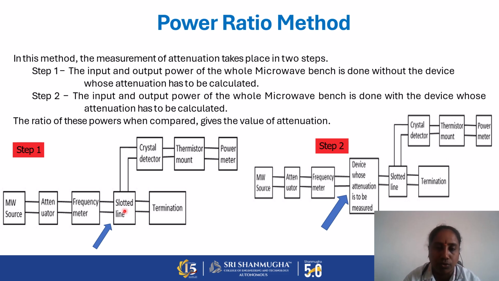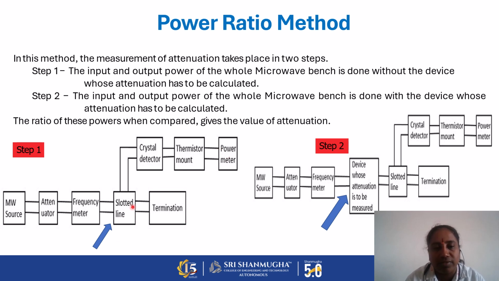In the slotted line, we are going to connect three elements: the crystal detector, the thermistor mount, and then the power meter. By using this power meter, we are going to calculate the first level of the power levels in the power ratio method. This is the general block diagram for measuring the power ratio method.